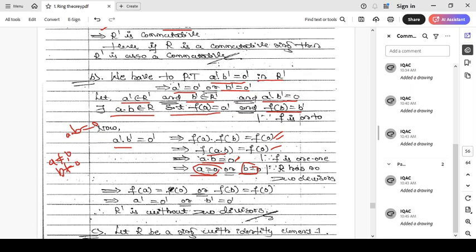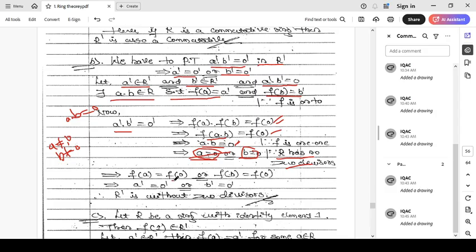So R has no zero divisors, therefore f of A is equal to f of 0 and f of B is equal to f of 0, I can write down. Therefore this implies A dash is equal to 0 dash or B dash is equal to 0 dash.